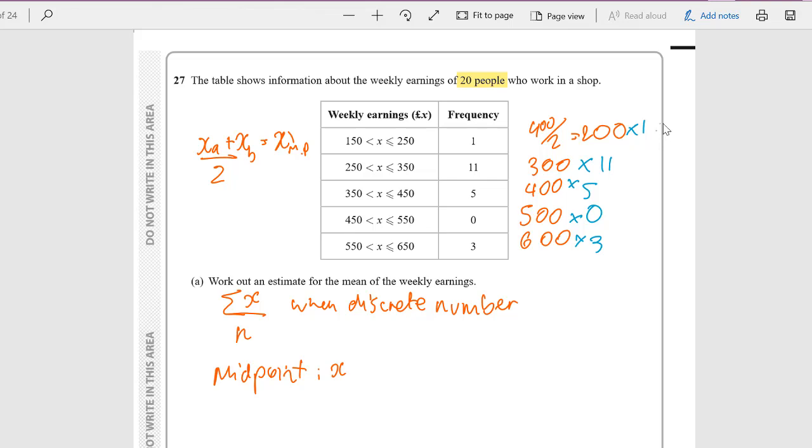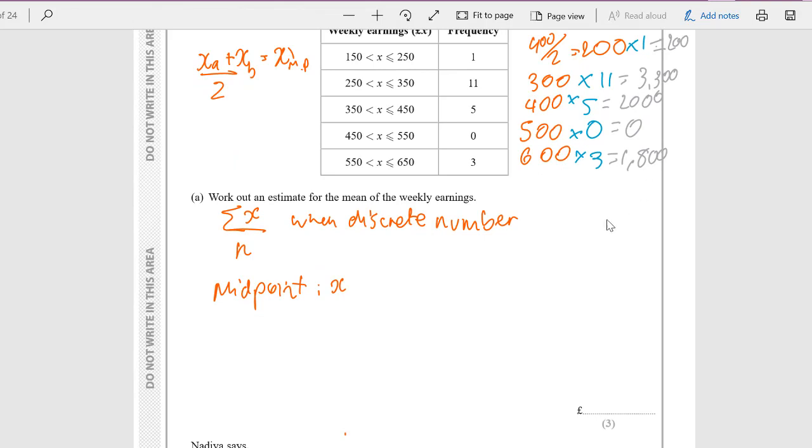This is going to give us 200. This is 3,300. This is 2,000. And this is 0. This is 1,800. So if we add all of these up, starting with the largest number first, 2,000, and then 1,800.